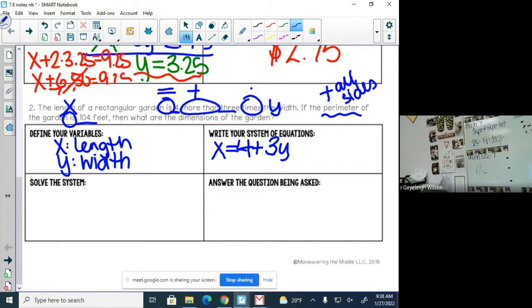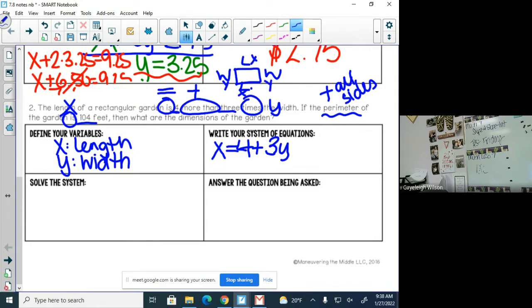All right, and then the second one says perimeter. Now, if we're talking about a rectangle here, that's length, length, width, width, right? So that's x, x, y, y, right? So you're talking about the perimeter.